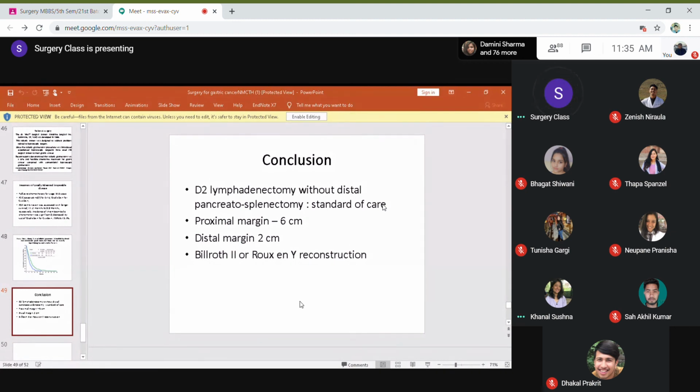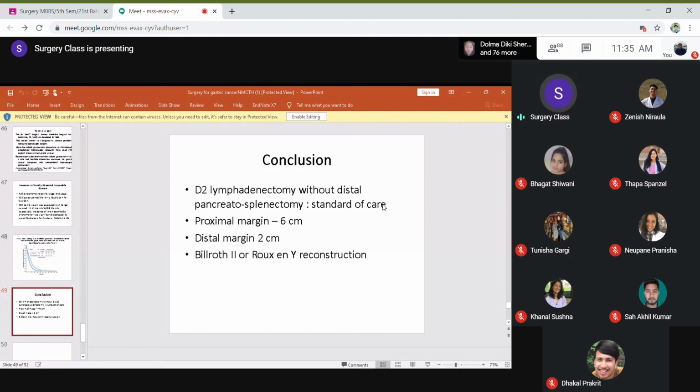Yes? Yes, sir. So the moral of the lesson today is do a D2 gastrectomy. Remember the margins: 2 centimeter distally, 5 centimeter proximally, 5 to 6 actually.